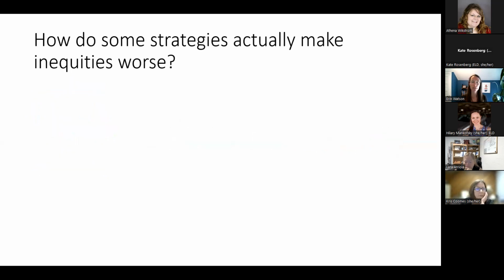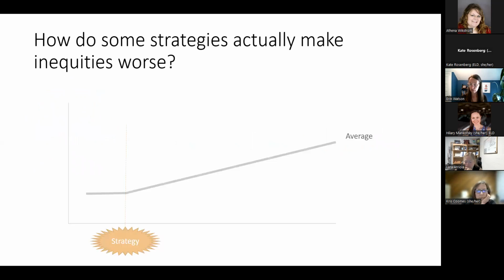So how is it that some strategies could actually make inequities worse? Let's say you have a strategy and you track it over time and you track evaluation results for that strategy, whatever it is, and you find that on average, it's making outcomes for kids and families better. After looking at results like this, people often celebrate. They're like, hooray, it's a successful strategy.